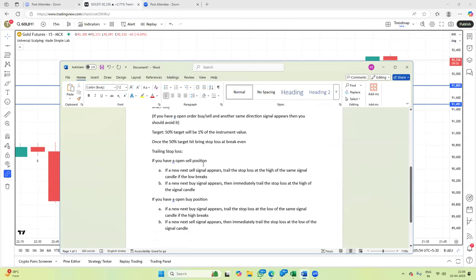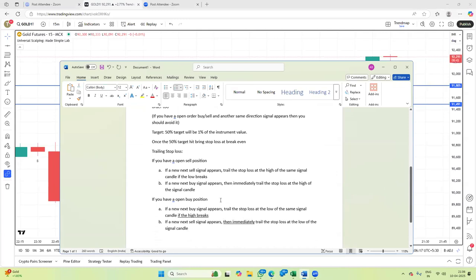If we have an open buy position, then if the next buy signal appears, trail the stop loss to the low of the same signal candle if the high breaks. So this line needs to be underlined. If a new next sell signal appears, then immediately, this line should be underlined.